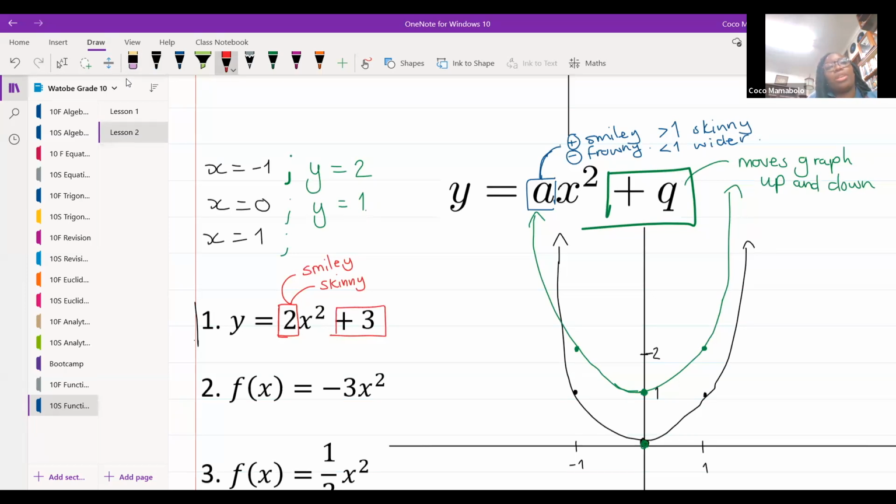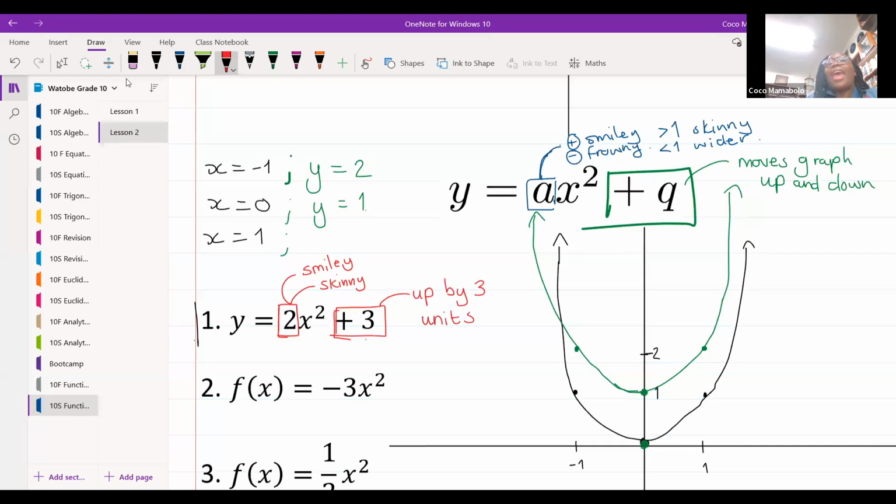I added 3 to my graph. So what did this 3 do to my graph? Where did it move it? Did it move it up or down? Good. It moved my graph up by 3 units. That's it, Nyeleti. Beautiful. It moves my graph up 3 units.